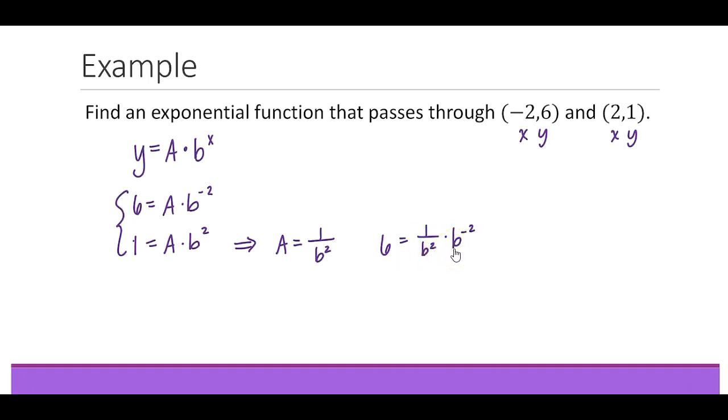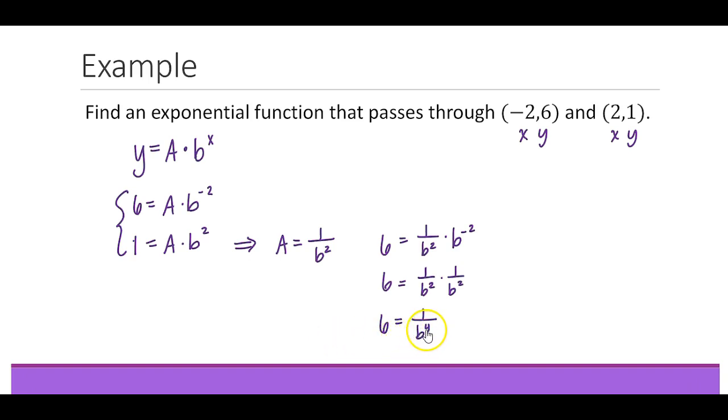That's the goal. So b to the -2, well, that's 1 over b squared, so I have 1 over b squared times 1 over b squared is equal to 6. And we can multiply these together, so I have 6 equals 1 over b to the 4th.